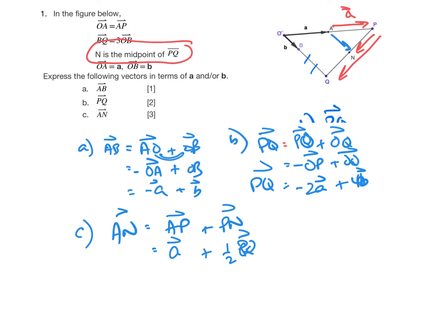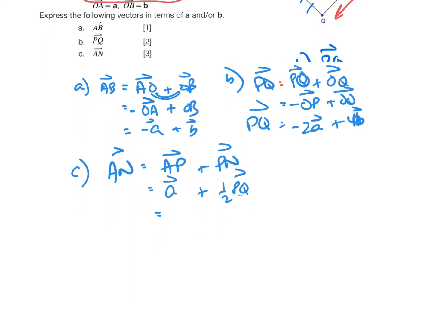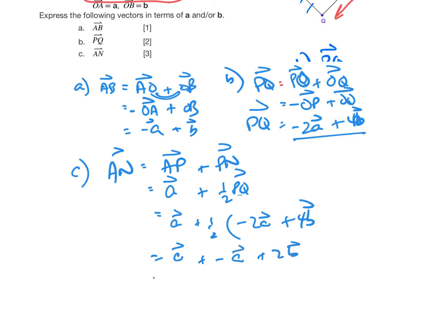So from here, PQ is negative 2A plus 4B, so A plus half of negative 2A plus 4B. So I get A plus negative A plus 2B, which is equal to 2B. And so there is AN.